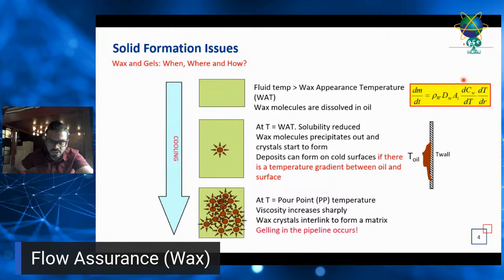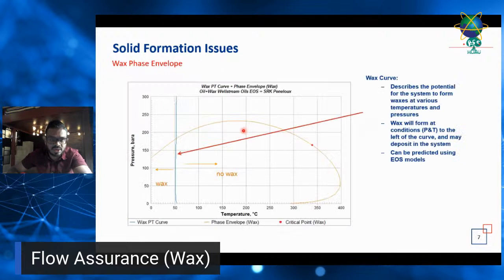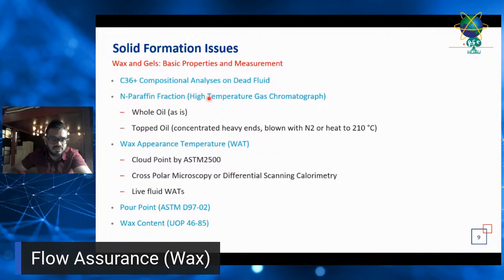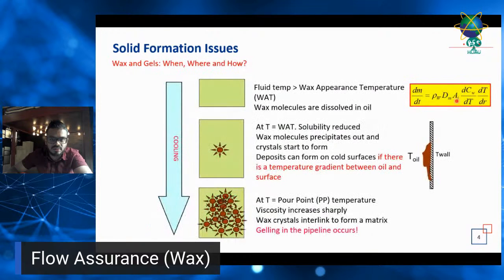And this is predicted using thermodynamic software, the dC over dT, and as I mentioned earlier, it is highly dependent on your n-paraffin fraction, right? And your dT over dr is your temperature gradient between the bulk and the ambient, and this is predicted using the OLGA modeling.